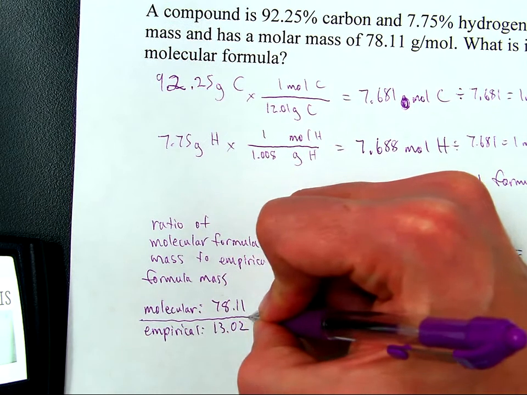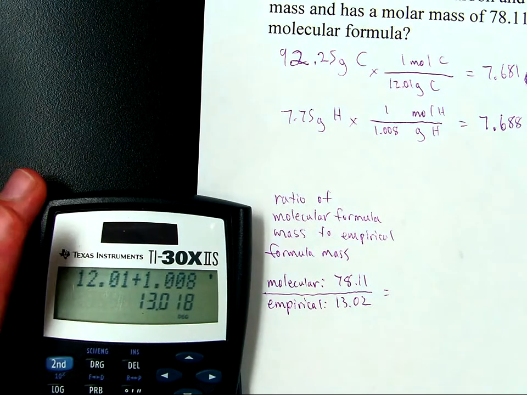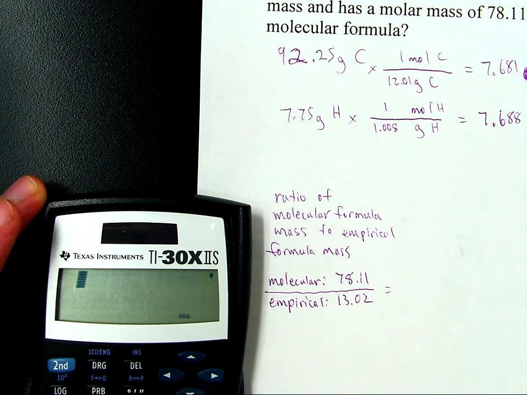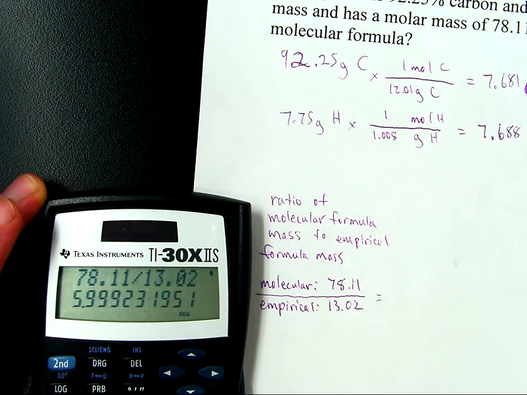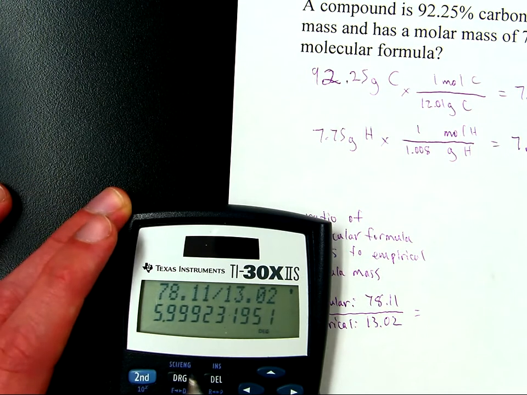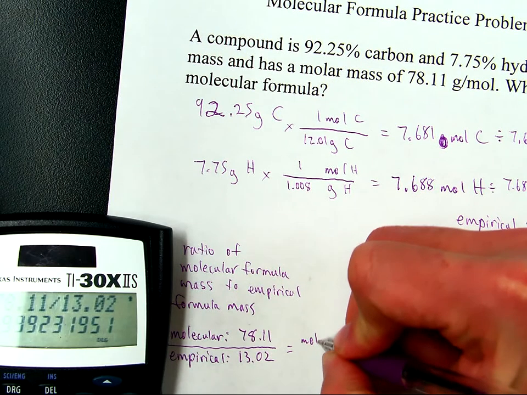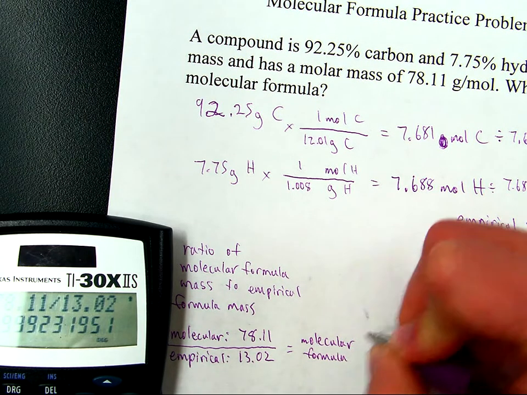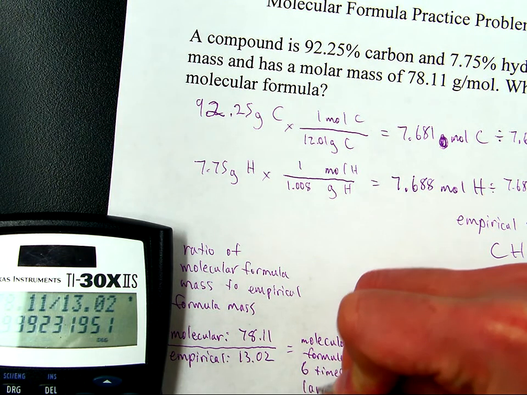Let's make that into a division problem. How much bigger is the molecular compared to the empirical formula? Well, 78.11 divided by 13.02. We're going to call that 6. So molecular formula, 6 times larger.